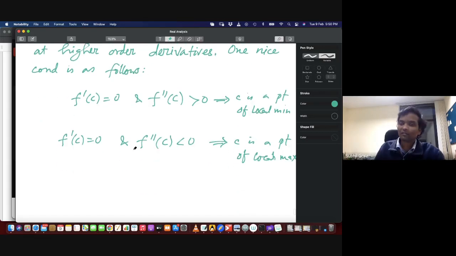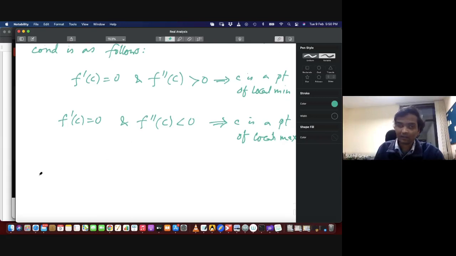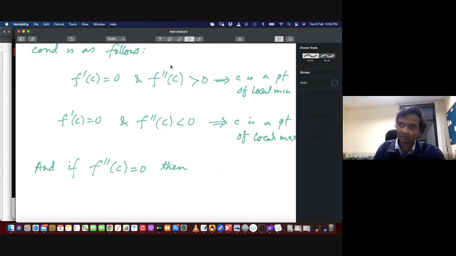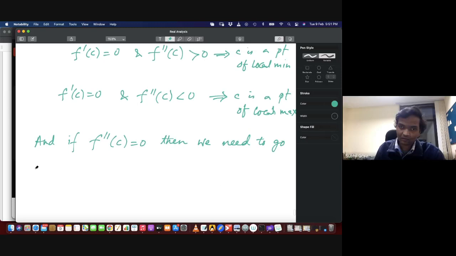And when f double prime c is also 0, then we need to go to higher order derivatives.